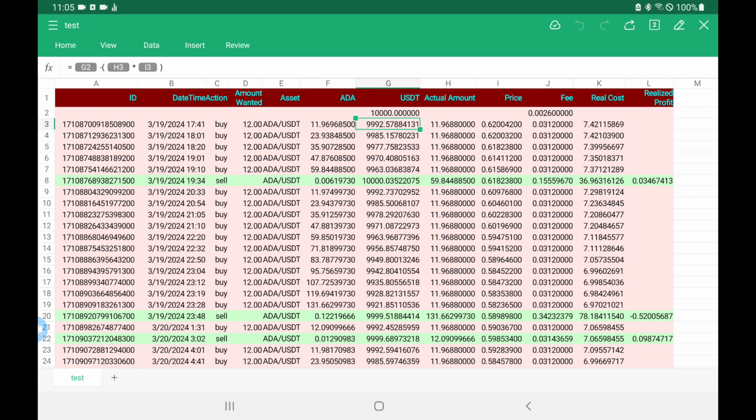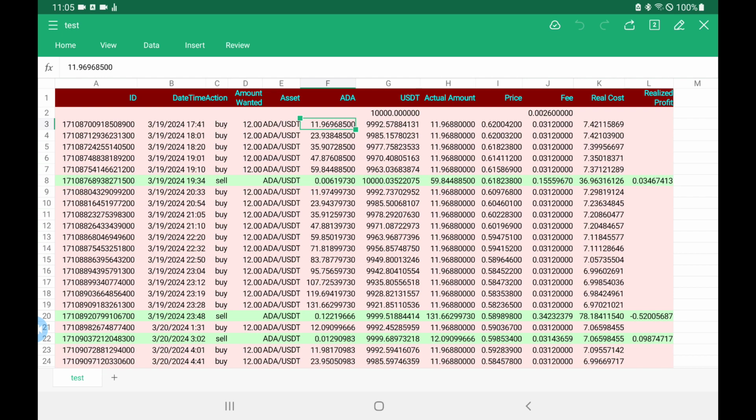So now that we know how much we've actually spent in USDT, and we know how much we've actually received in ADA, our first transaction is complete. That is, we know the amount that we've actually received, we know the price we've actually paid, and we know the fees we've actually paid. And we have the real cost of what we've actually purchased.